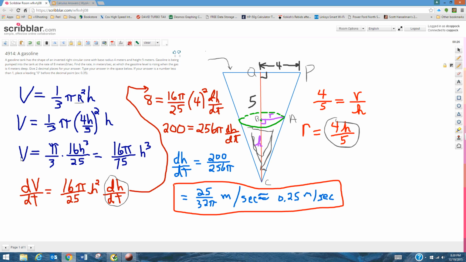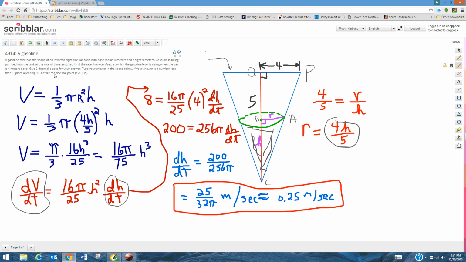So now the volume of this cone, the volume of the gasoline, is a function of H, the height of this cone from B to C at a given point in time. When we take the first derivative with respect to time, the derivative of the volume with respect to time, that's a rate that we know, that's given.